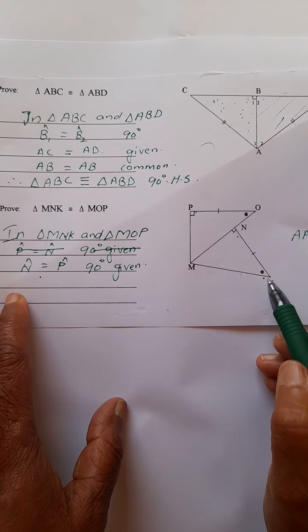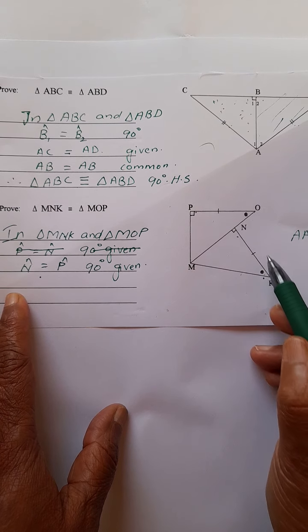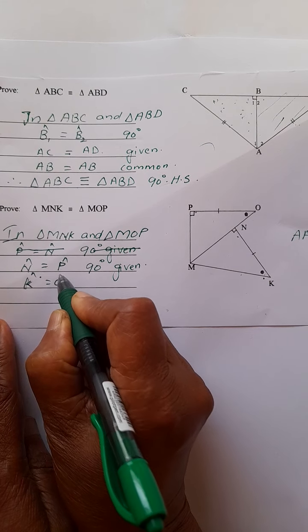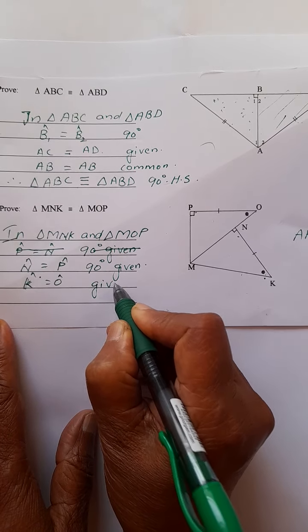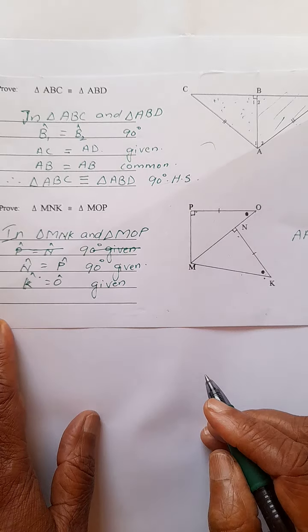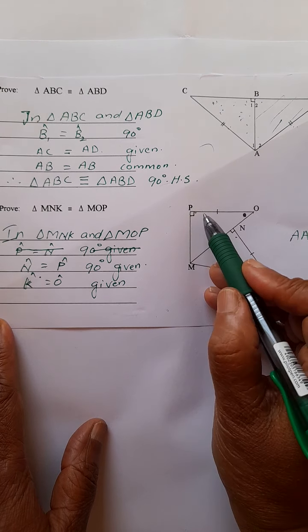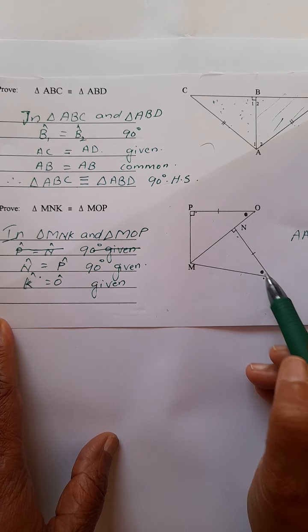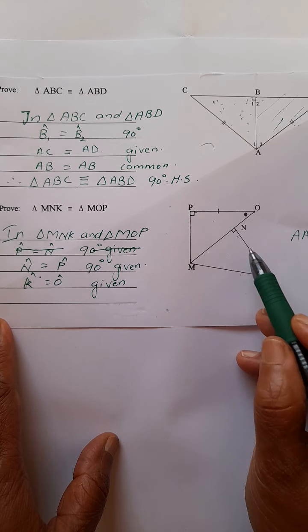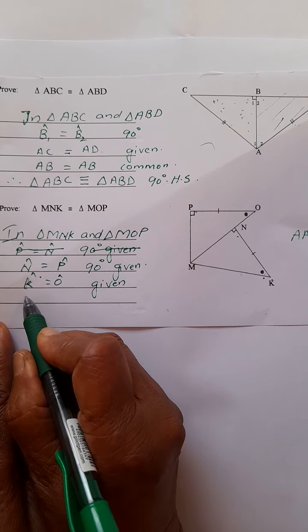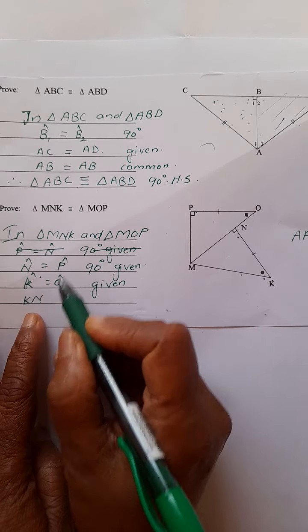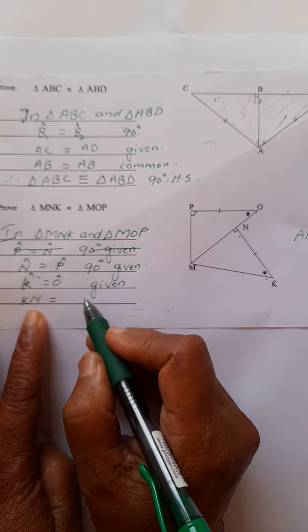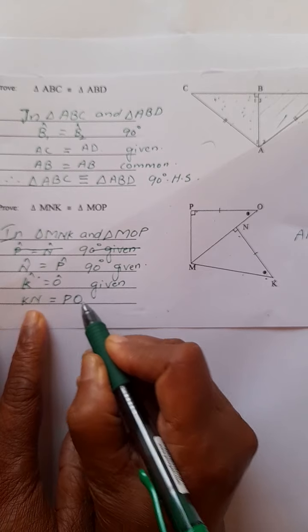Angle N is equal to angle P, that is 90 degree, and it is given. And then we look at this one here. Angle K is equal to angle O. That is given, it's already shown in the diagram. And then the side KN is equal to PO.